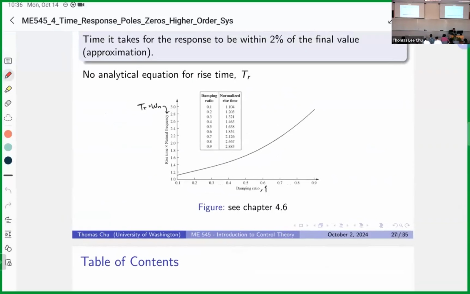So in this graph, the y-axis is your rise time multiplied by the natural frequency, and the x-axis is your damping ratio. What you do is you determine the natural frequency of your system, you determine the damping ratio, and from there you can determine the rise time. If the damping ratio falls between two values, like between 0.3 and 0.4, for example, you would interpolate.